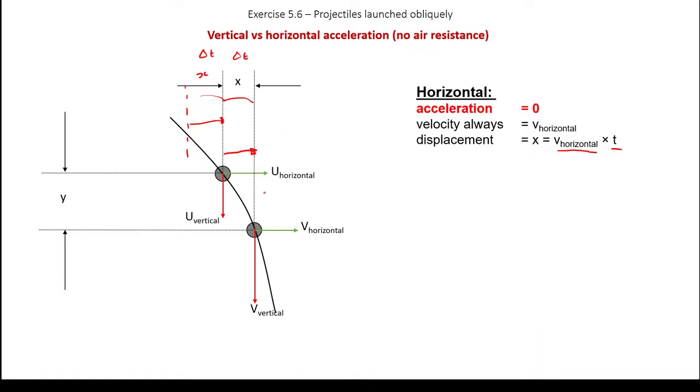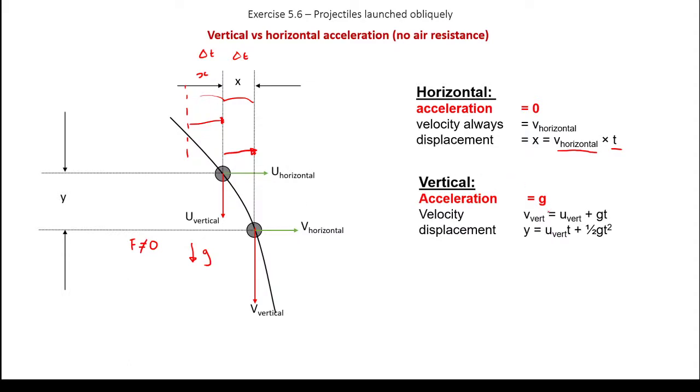Now, vertical is a little bit different, okay? Because for vertical, we have a net force, that force being gravity. So if we have a net force, we have a force that does not equal zero, that means we get an acceleration, and that acceleration is g.